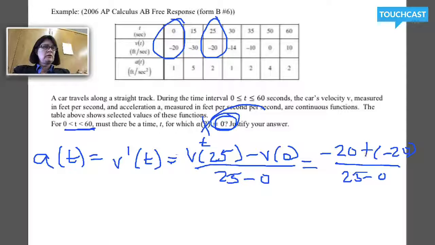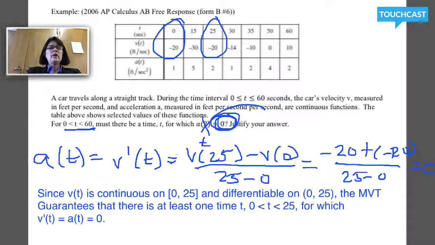And that does, in fact, equal 0. So did I show that there were two values, A and B, in this case 0 and 25, for which the difference quotient is equal to 0? Yes, I did.